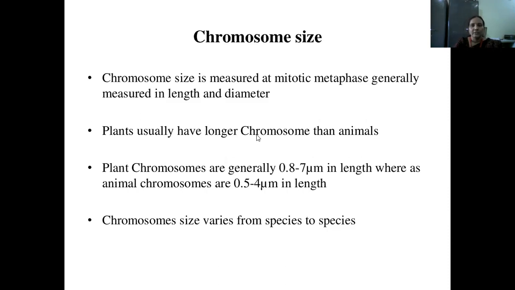If we see the size of chromosome, size is measured at mitotic metaphase, generally measured in length and diameter. Plants usually have longer chromosomes than animals. Plant chromosome size is generally around 0.8 to 7 μm in length, whereas it is around 0.5 to 4 μm in length in case of animals.